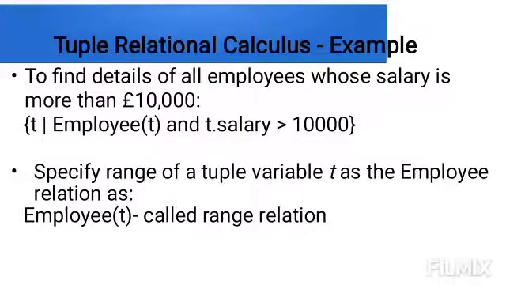The condition EMPLOYEE(T) specifies the range relation of the tuple variable T. Each employee tuple T that satisfies the condition T.Salary > 10000 will be retrieved. T.Salary is a reference to the attribute Salary of the variable T.